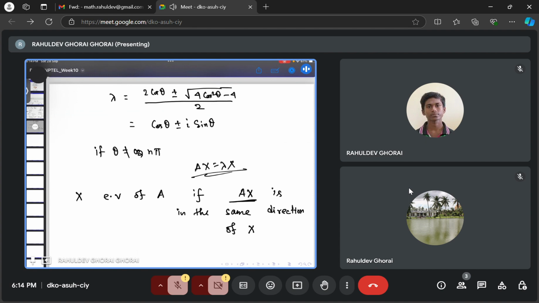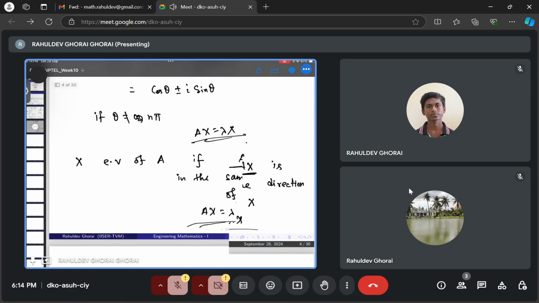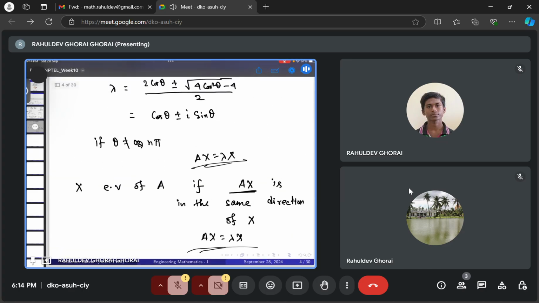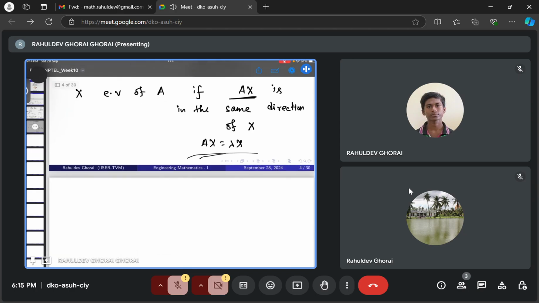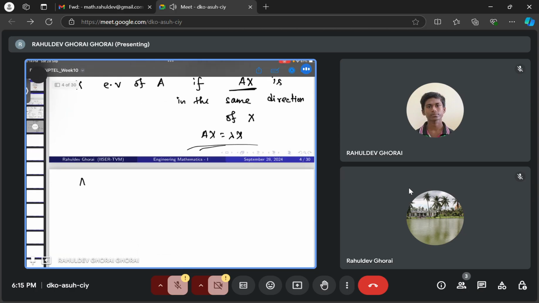Then only will it happen that Ax equals lambda x, or in 2 dimensions you can say they are linearly dependent, right? So this is a little bit about eigenvalues and eigenvectors. In a general matrix A, if you have eigenvalue lambda and corresponding eigenvector x, then what will happen?